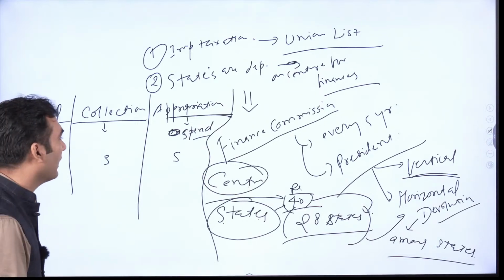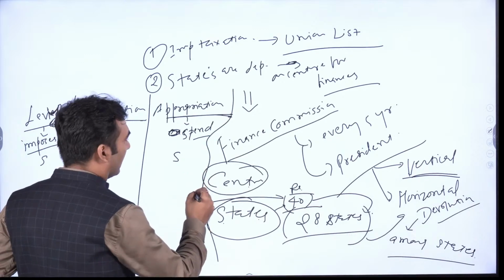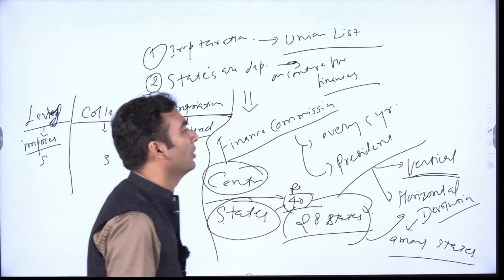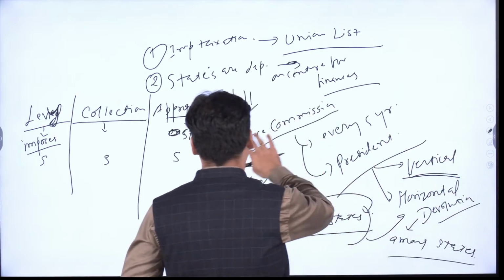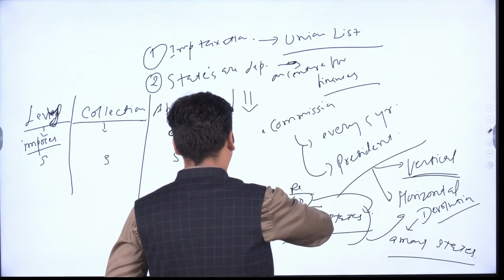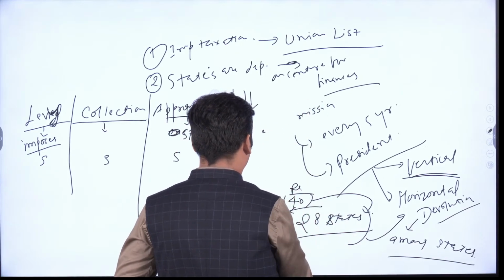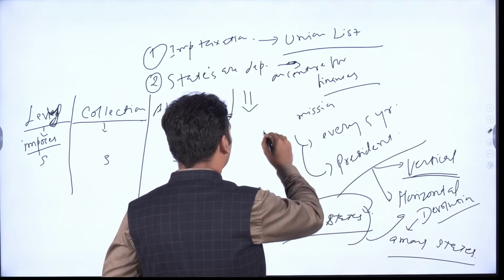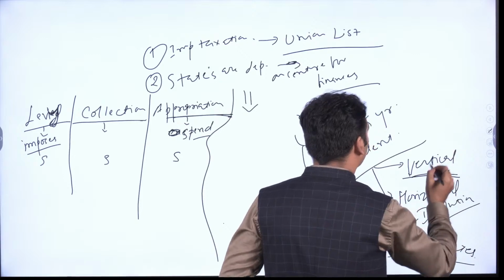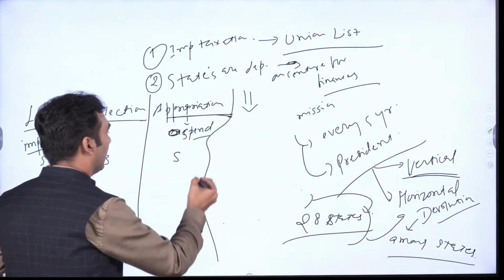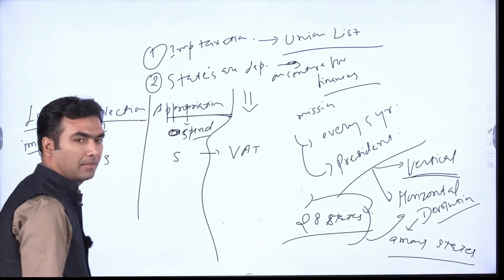Now they are calling it VAT. So VAT falls in this category. Its example would be VAT, value added tax, sales tax.